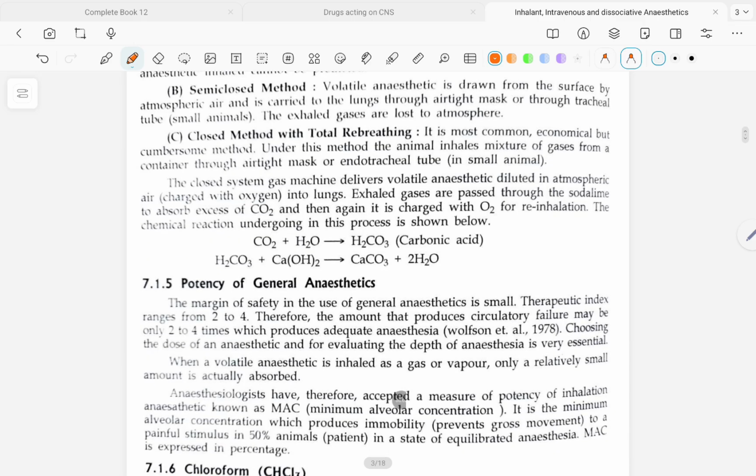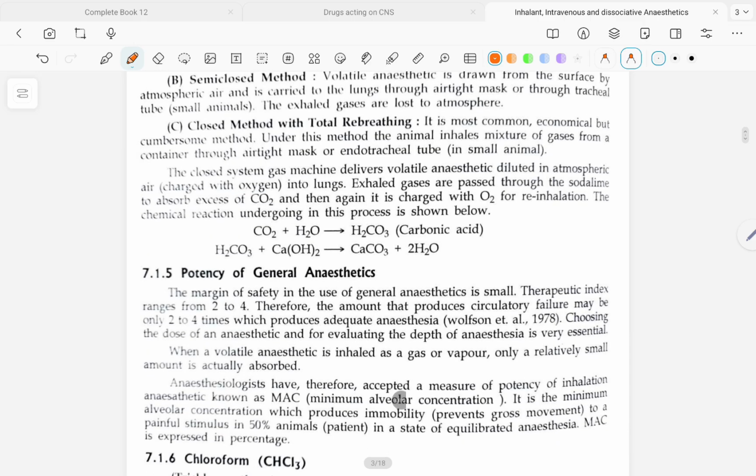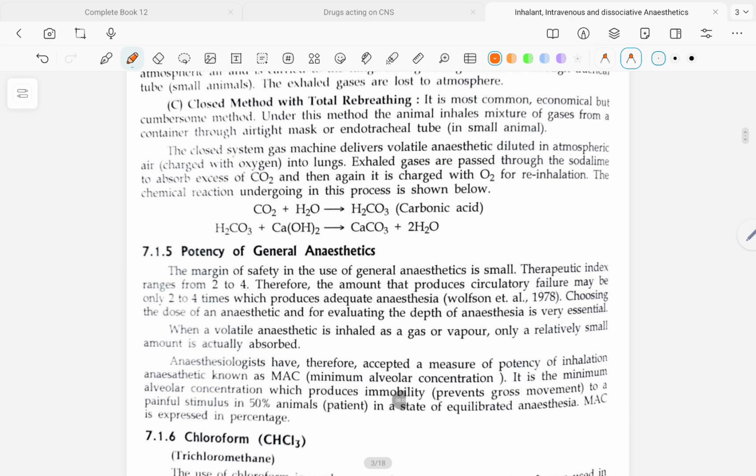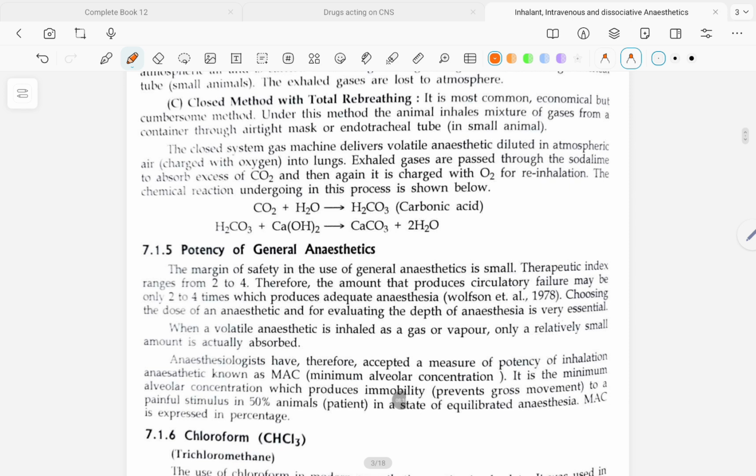Closed method with total rebreathing. It is the most common, economical but cumbersome method. Under this method, the animal inhales a mixture of gases from a container through an airtight mask or endotracheal tube in a small animal.